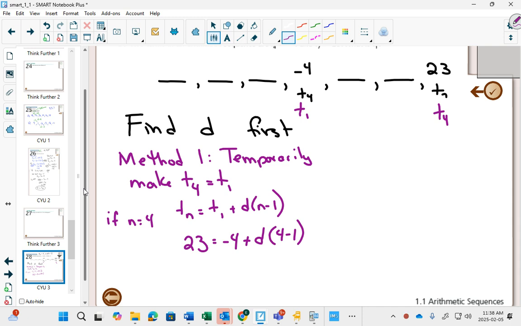If I think of that as term 1 and that as term 4, then I can use my formula. And I can plug everything in, and the only thing I don't know is D. So I can add 4 to both sides, and this will be 3 times D. Then divide both sides by 3, and get D is equal to 9.